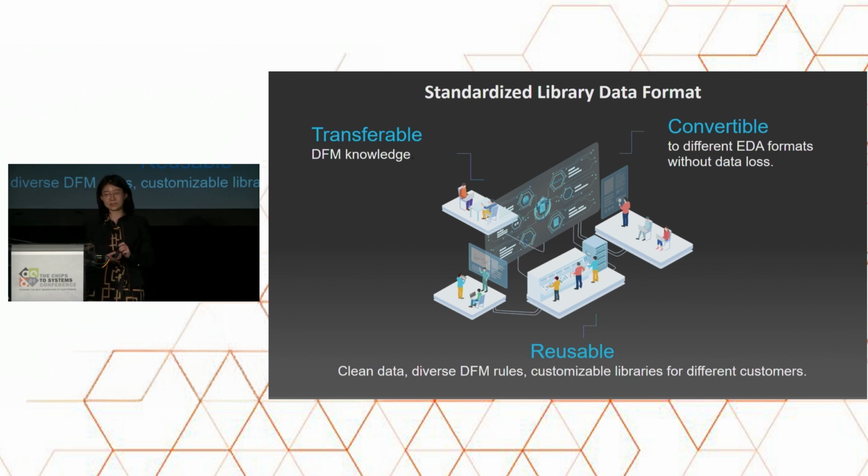Now we can incorporate design for manufacturing rules in every library file we create, and also make them convertible to different EDA formats. But most importantly, because we embed the DFM and make it modularized, we can meet the diverse requirements from customers using different contract manufacturers and still satisfy their requirements at the same time.